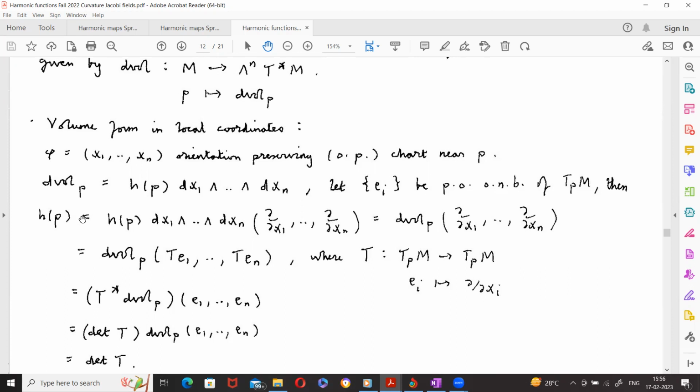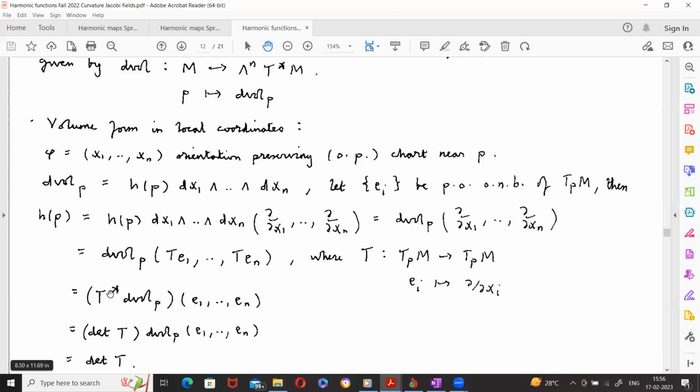But now this h(p) times dx1 wedge ... wedge dxn is my dvol_p. So I'm applying this to del x1 to del xn. Now I can write this as Te1 up to Ten, where T is the linear map from T_pM to T_pM which sends the orthonormal basis e_i to the basis del x_i. So this becomes dvol_p of (Te1, ..., Ten).